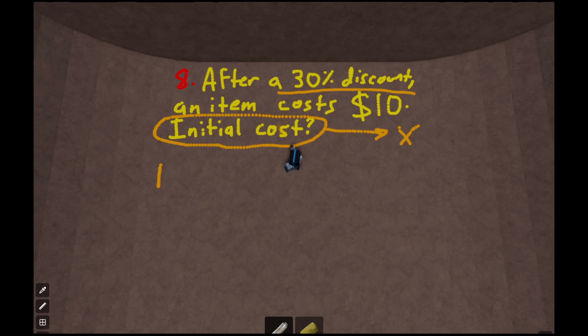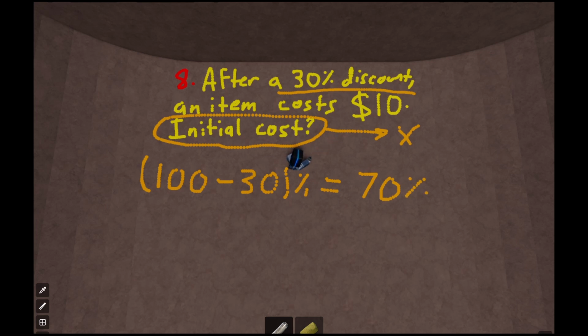And remember, to find what the resulting percentage is afterwards, you just do 100 minus 30%. And that means that after the 30% discount, you'll have that only 70% of the initial price is remaining. So in other words, 70% of the initial cost of the item, which is X, is equal to $10.